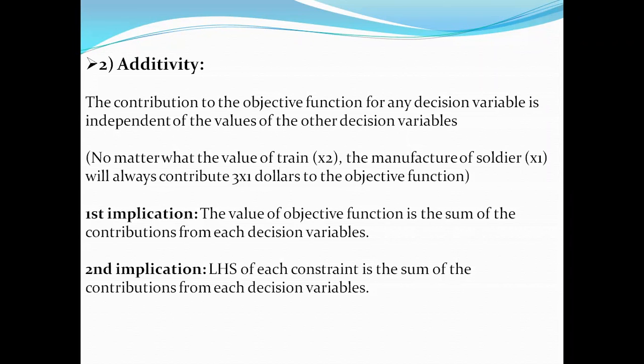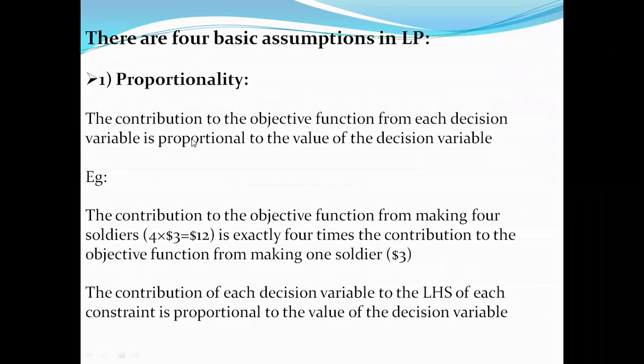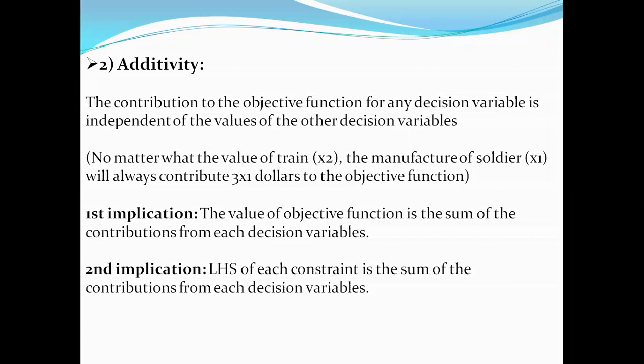So the second one is additivity. In this additivity, the objective function for any decision variable is independent. It is not dependent. Previously, we are aware that proportionality directly relates the objective function and the decision variable. But here, the objective function for any decision variable is independent of the value.